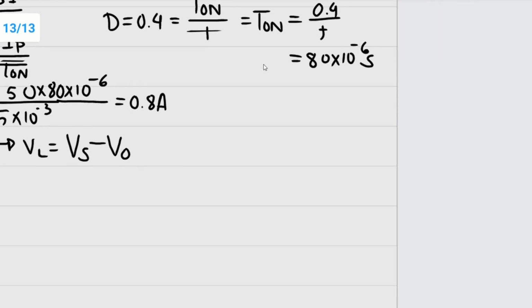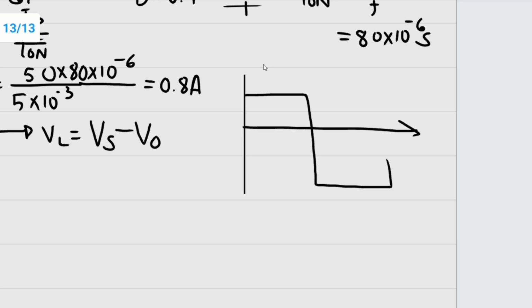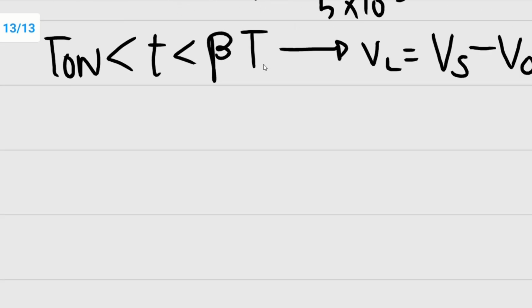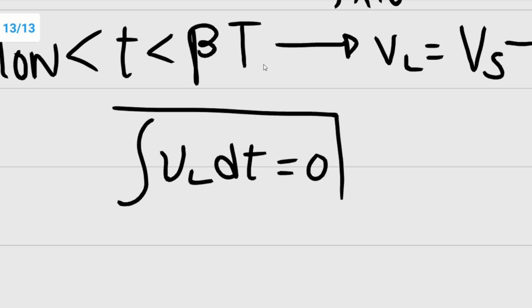Now we know that the inductor voltage is like this. From voltage second balance we can say that the average voltage of an inductor over charging and discharging is 0. That means the integral of VL dt is 0. It is very important. This is called voltage second balance.